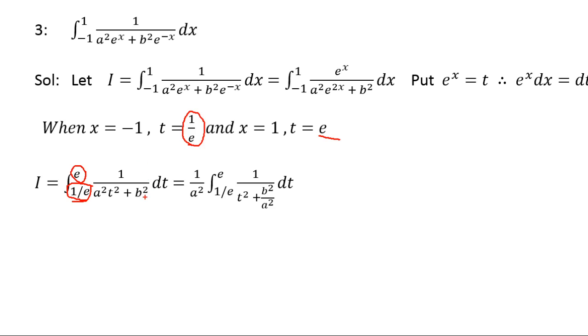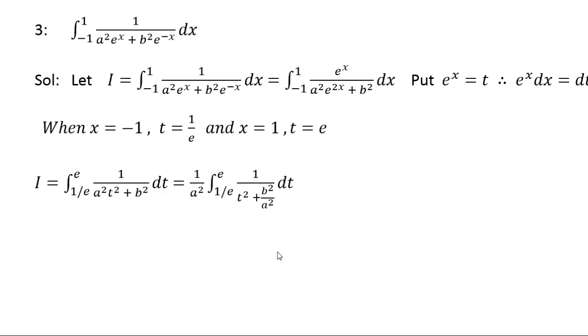And we write this integral in the language of t. We are substituting e raised to x is equal to t. So this becomes 1 upon a square t square plus b square. Take a square common and it will take the form 1 upon x square plus a square.